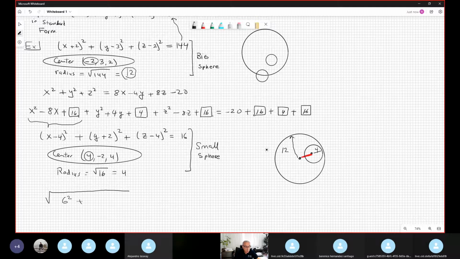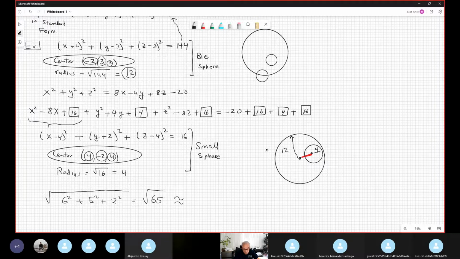Plus negative 2, positive 3. Remember, you're subtracting: 3 minus 2 is 5, 5 squared, plus 4 minus 2 is obviously 2, and 2 squared is 4. The answer is square root 65.